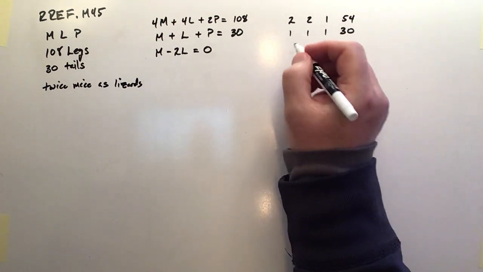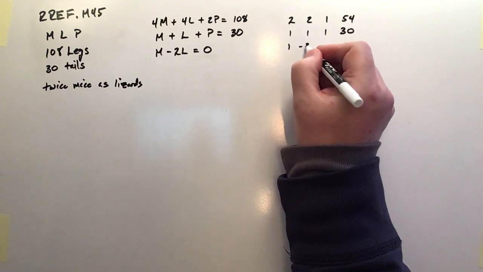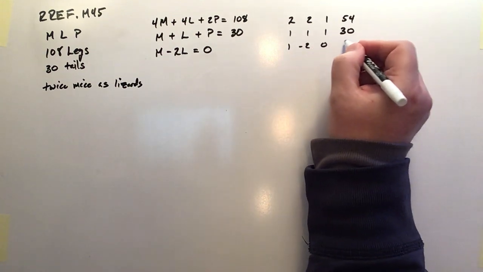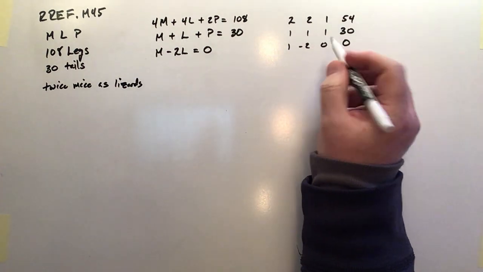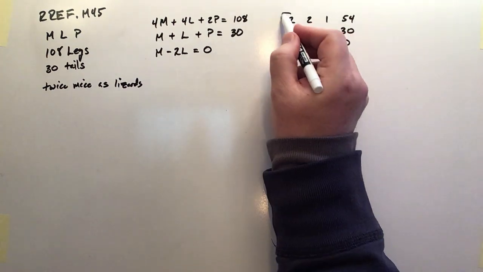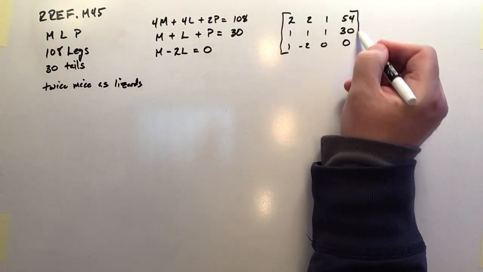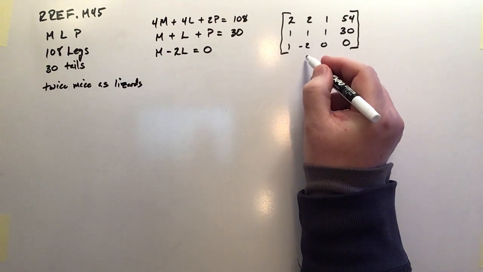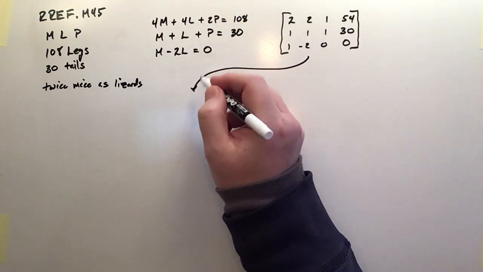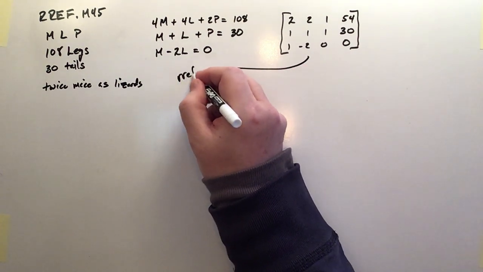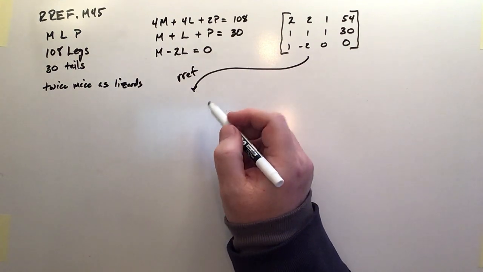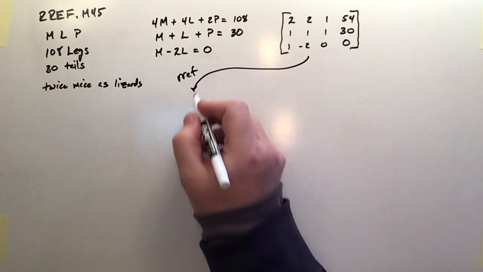And the third equation is 1, negative 2, 0, and 0. Okay, so this is our augmented matrix. We now want to put that into reduced row echelon form. So if we do the RREF on this matrix, then this is what comes out of it.